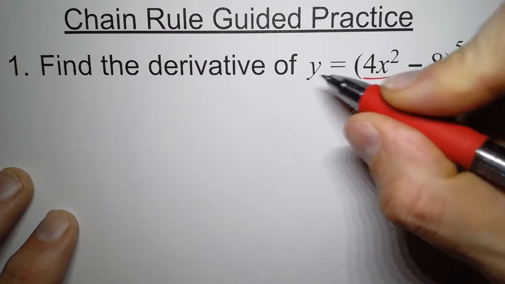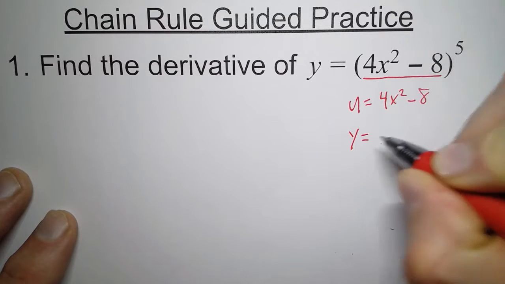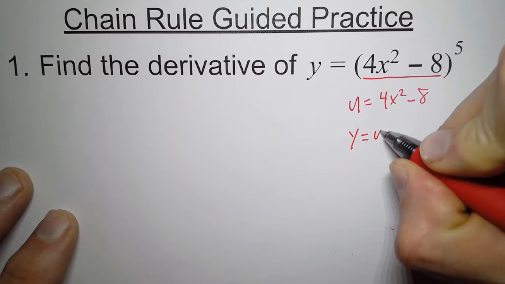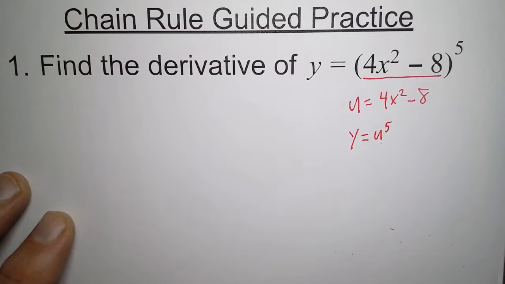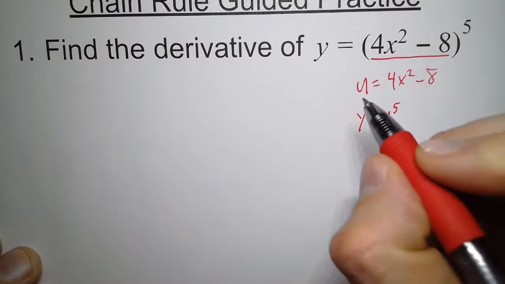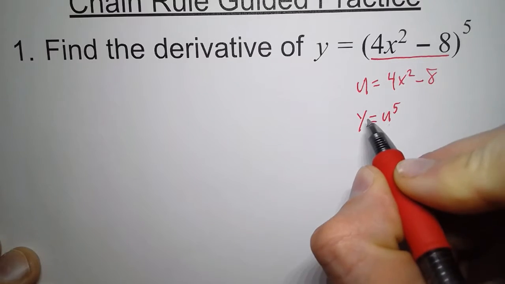Now what that means then is y is equal to, and instead of writing this, we'll just use u raised to the fifth power. Now, we've identified our two functions. Now, the way chain rule works is now we're going to find the derivative of these two.